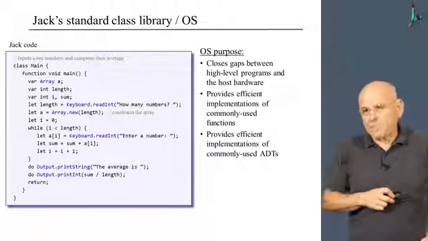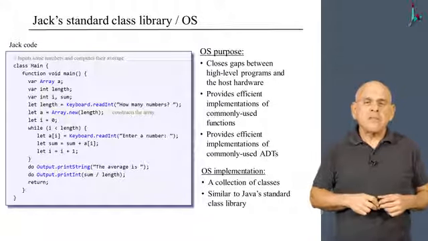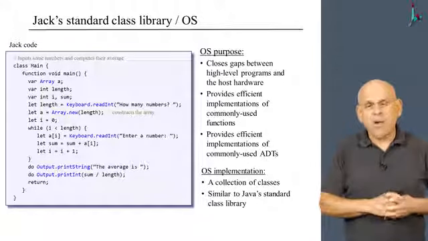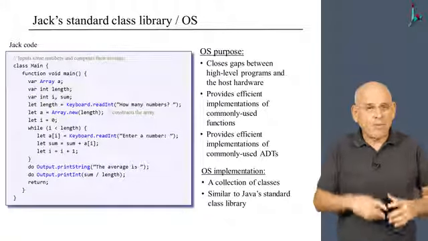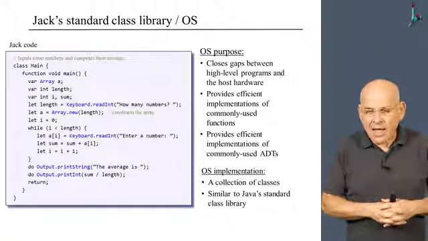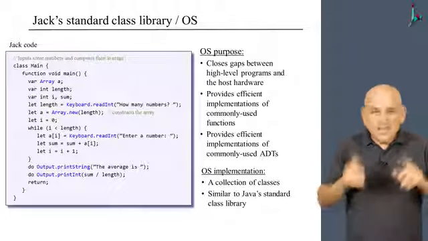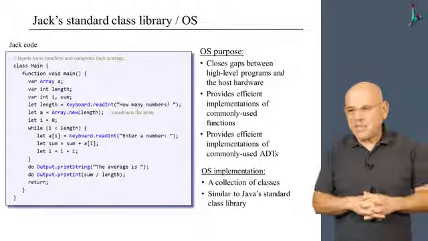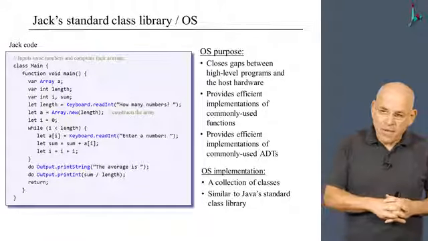In terms of implementation, the OS that accompanies Jack consists of 8 classes. We'll see them in the next slide. And once again, the whole concept is similar in spirit, I emphasize in spirit, to Java's standard class library.